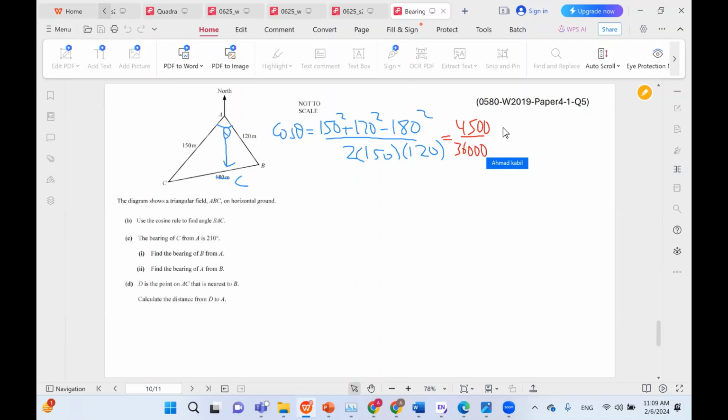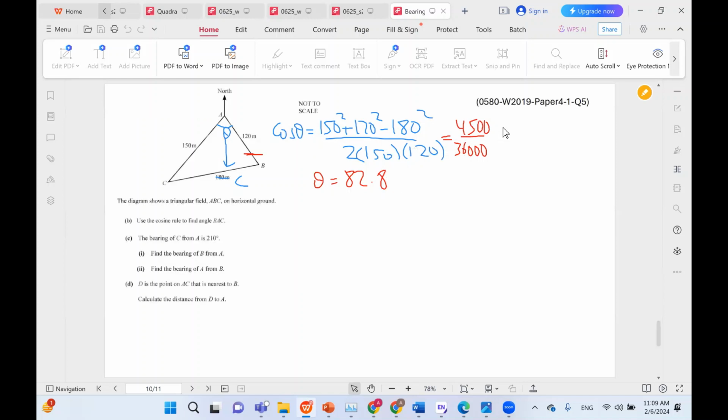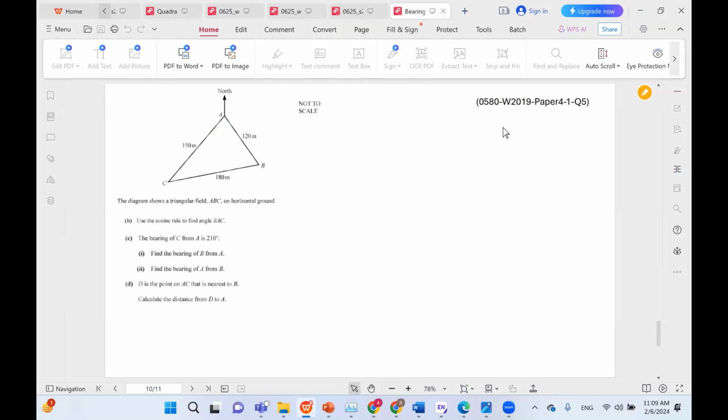And you want to find theta, so you do shift cosine. Which is 82.8 degrees. Let's check the marking scheme. Yes, the correct answer is 82.8 degrees. Now let's write that down. So angle BAC would be 82.8.